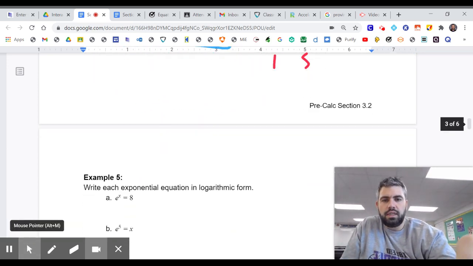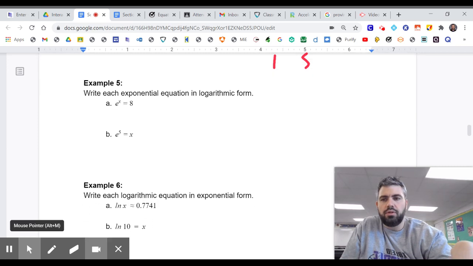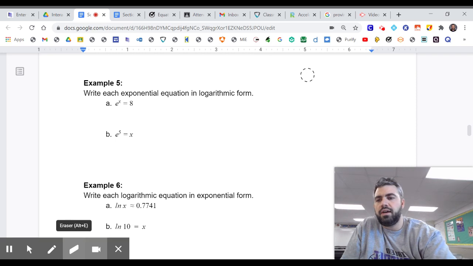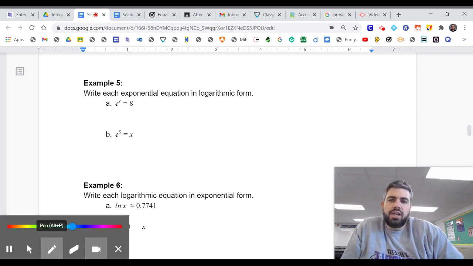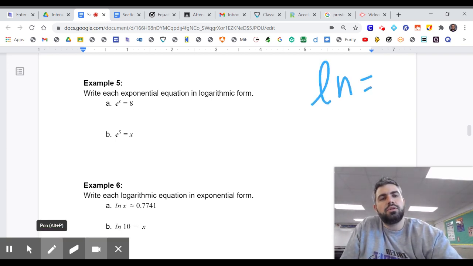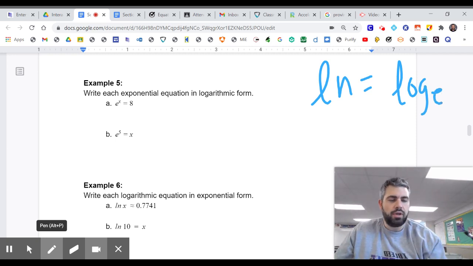Okay, so let's check out example 5. Example 5 says, write each exponential equation in logarithmic form. So remember, natural log, ln, is basically log base e, but we call it ln.